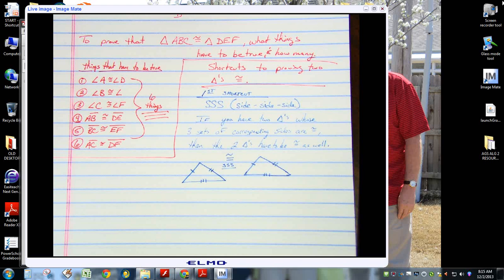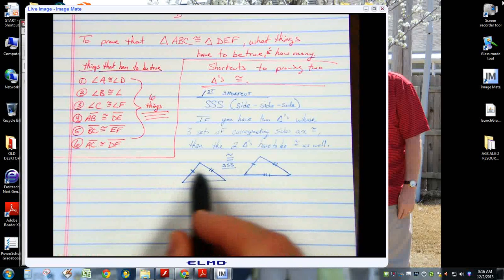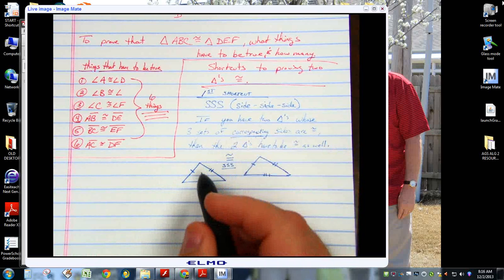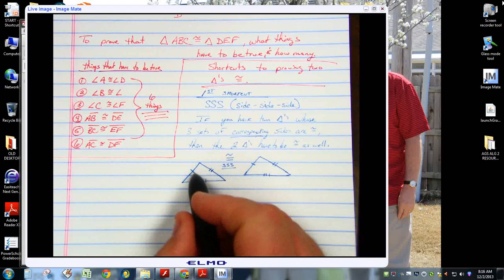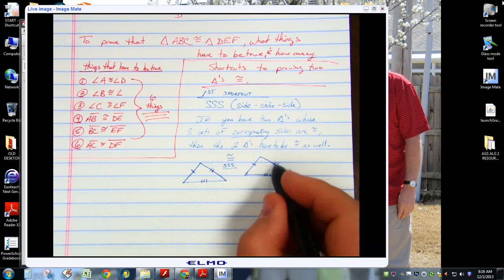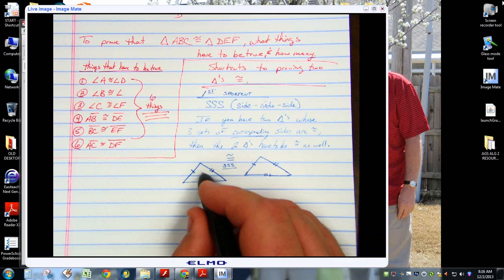So you don't have to prove all six things, do you? If you can find that all three sides are congruent in each triangle, you understand what we mean by corresponding? Any questions there? What I mean is that this one corresponds with this one and they're what? Congruent. This side corresponds with this one and they're also what? Congruent.